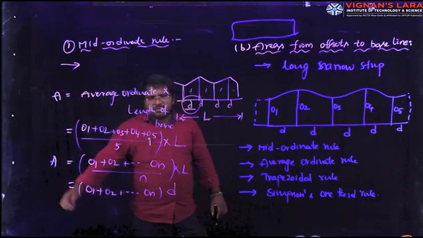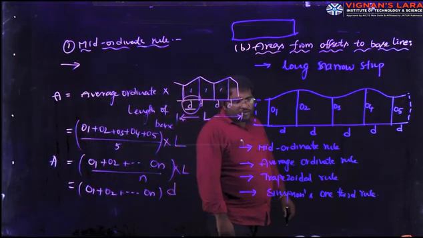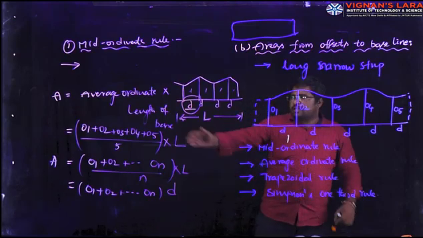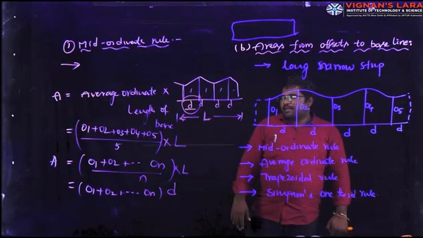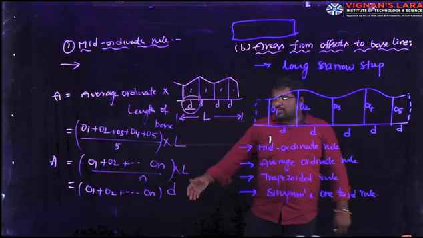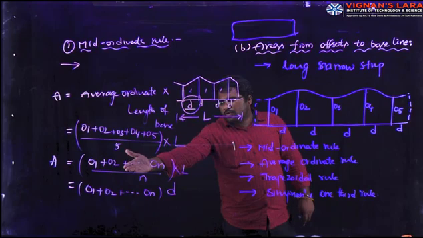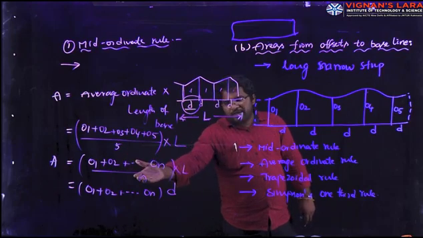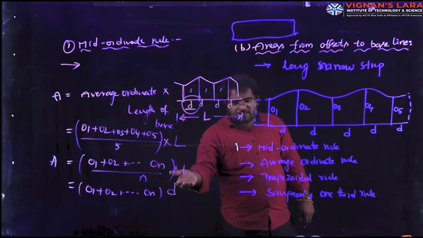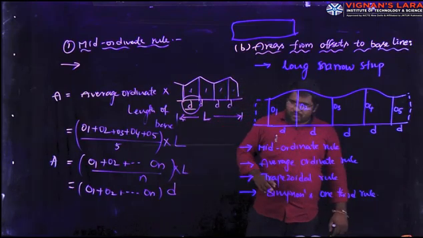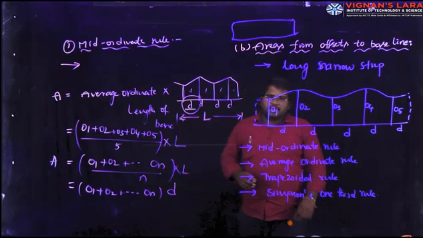So this is the mid-ordinate rule, where you take the average ordinate into length of baseline: O1 plus O2 and so on up to On divided by n into the total length of the baseline.